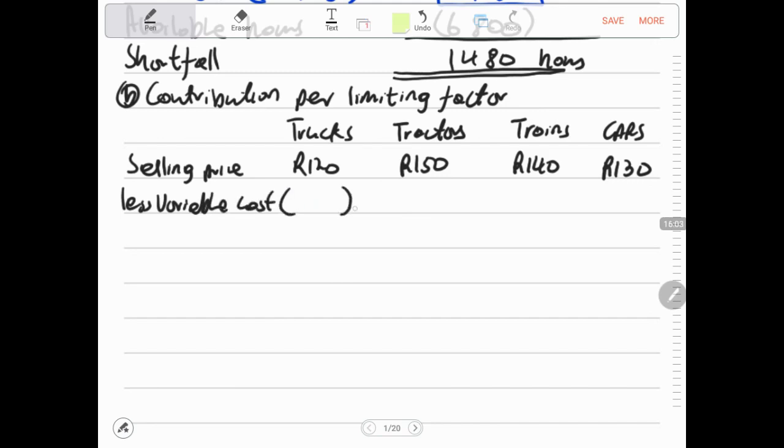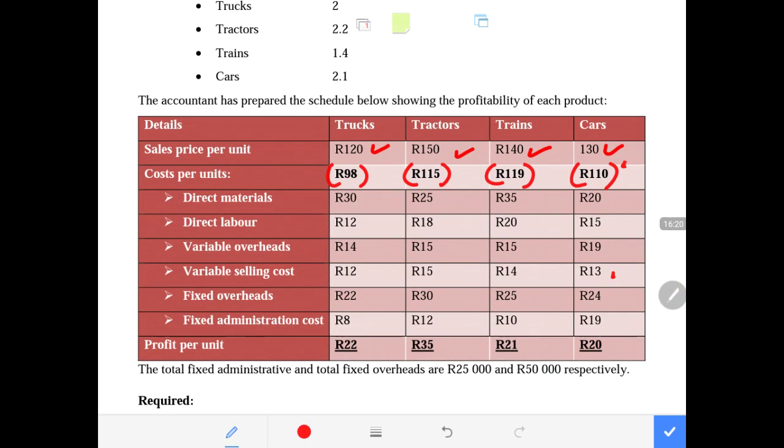Then we need to less variable cost, and variable cost, you can write all of them individually, or you can just write one amount. Preferably list all of them as individuals. Our variable costs are made of direct material, direct labor, variable overheads, and variable selling cost, of which this will be their total, excluding the fixed part.